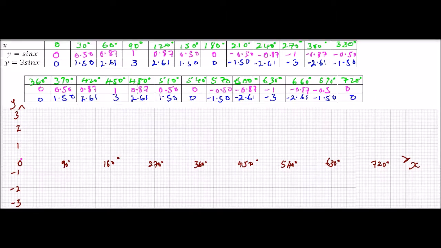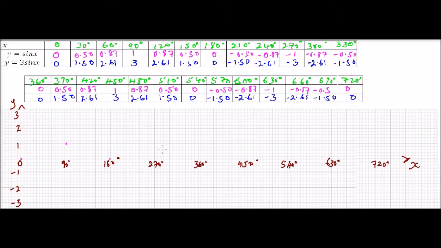So from there we identify our points for y equals sine x. So when x is 0, it is 0. I'll use 90 for convenience. So when 90 is 1, we have 1. Then I go to 180, which is 0.